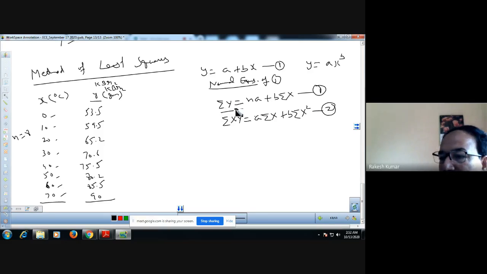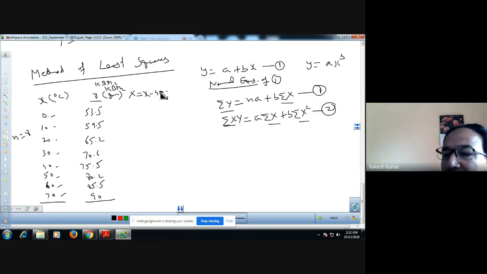Now we require the summation totals of these, and how do we find them? We shall find the mean value, which will be named the assumed mean, for calculating capital X. Capital X will be x minus the assumed mean. Either you can take 30 or you can take 40.